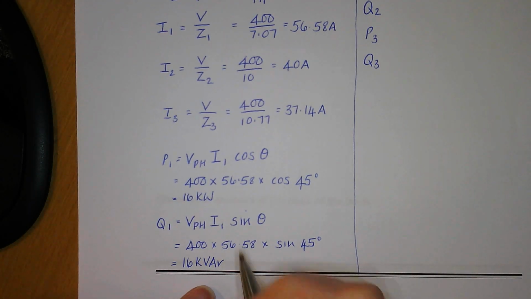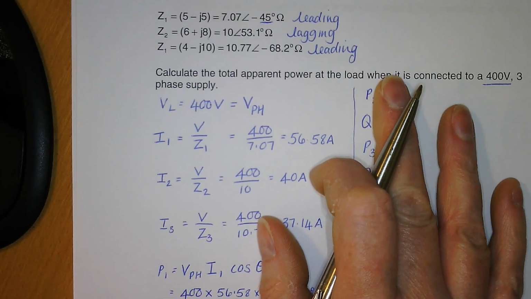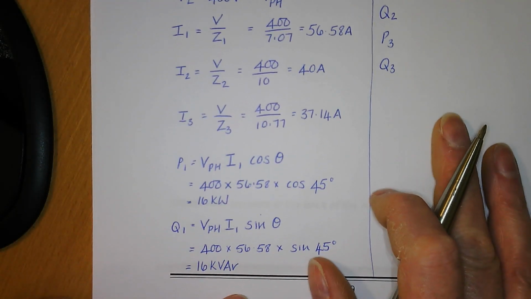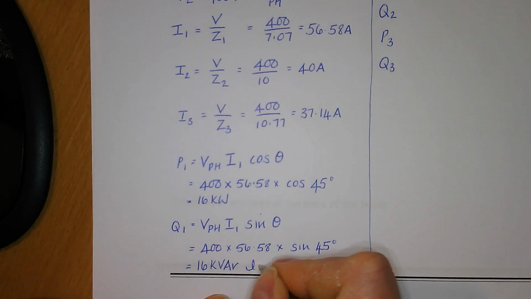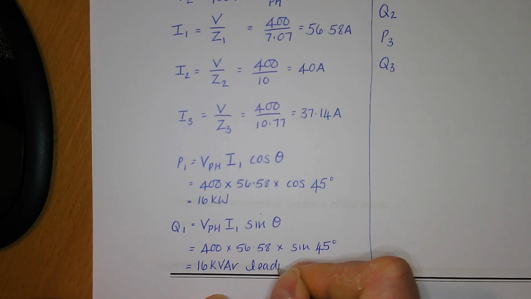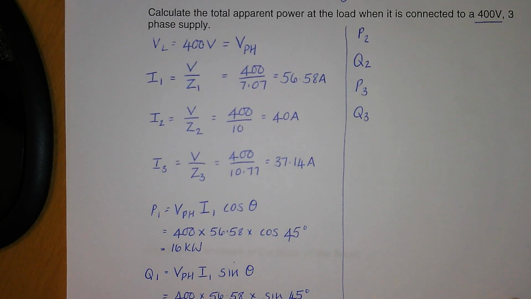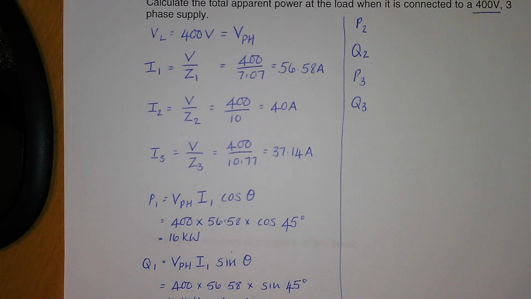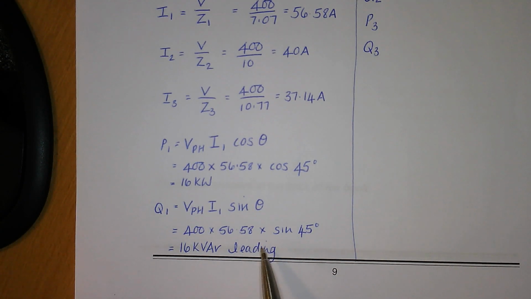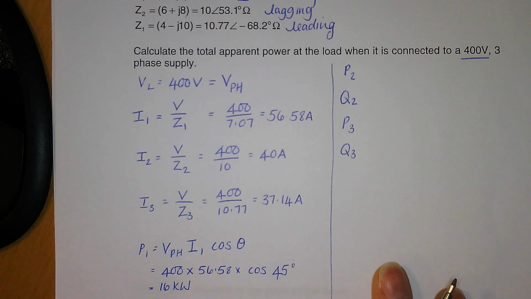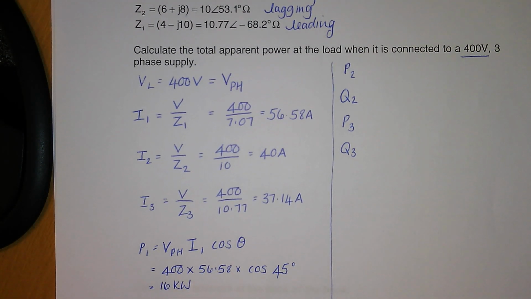Bear in mind that Q1, because that first impedance is leading, is going to be leading. So you put in your leading with that Q1. So now if you could work out P2, Q2, P3 and Q3. I'll put in what your final answer should be.